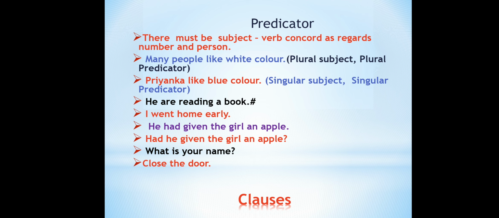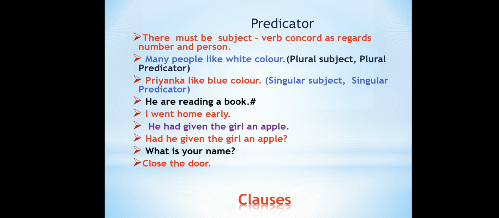Now this is not a correct sentence, because there is no subject verb concord in it. In this particular sentence the subject he is singular and the verb or predicator used, are, is a plural predicator, and so we can say that there is no subject verb concord in this particular sentence.